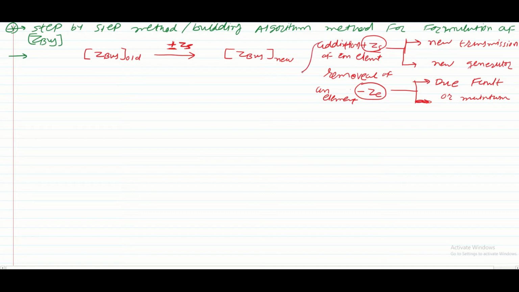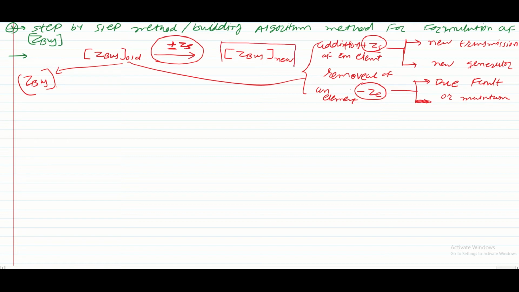So there are two possibilities of change in your existing matrix, which is previously known as only Z-bus, and after addition or removal of any element into the existing matrix, it will become the Z-bus new matrix.